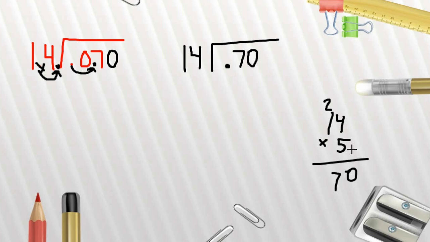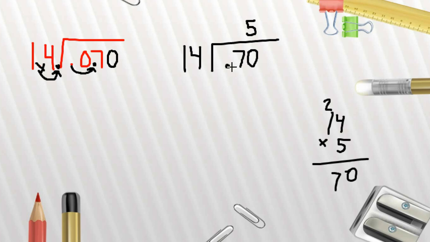So I'm going to take 14 times 5, and I'm going to make sure I put the 5 over here, because if I put it over the 7, that's telling me that 14 goes into the 7, and I don't want that. I want the 14 to go into the 70, so I've got to put the 5 over here. I have to line it up correctly into what would be the ones column, the farthest column to the right.